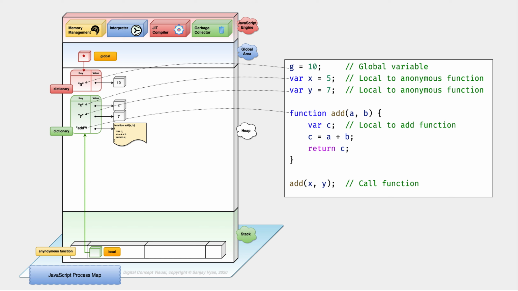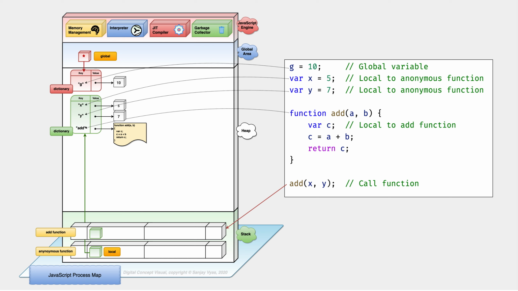Now let's say we call the add function. When we call the add function, another stack frame is created. This stack frame will hold data pertaining to add, like its parameters or local variables.